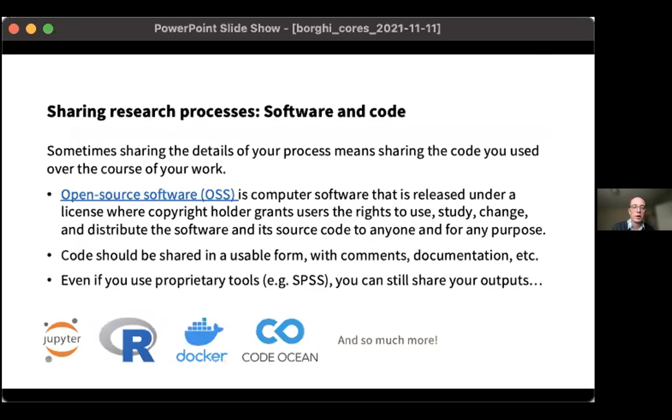I will also mention that, when you're talking about research process, sometimes sharing the details of your process means sharing the code you used. This is actually a whole huge conversation that we could have about how to effectively share code and software.